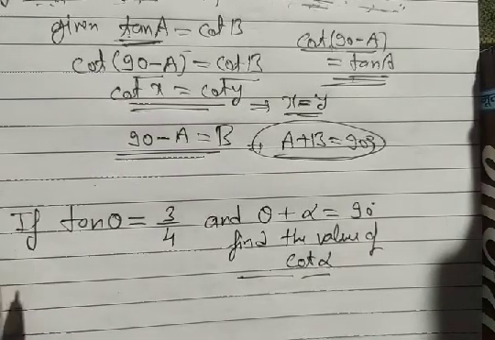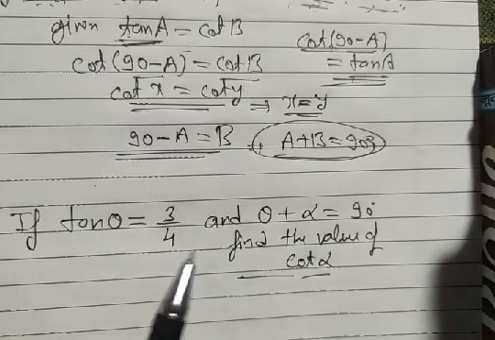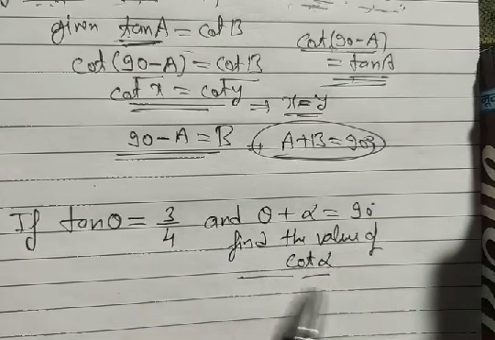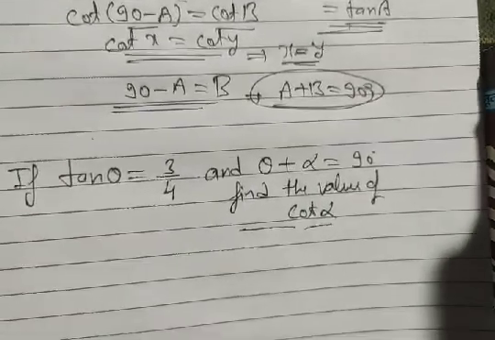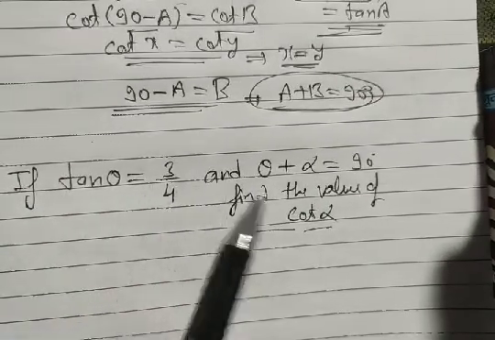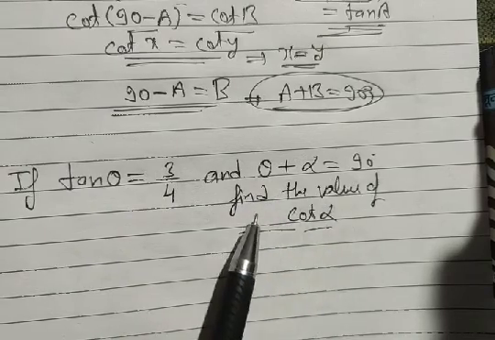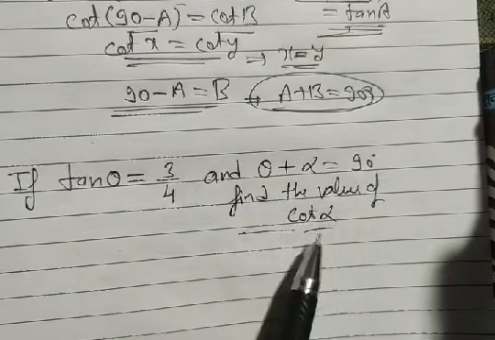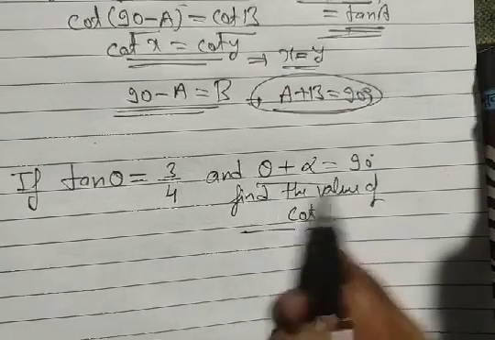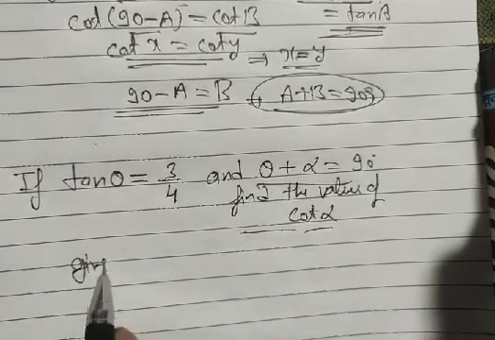If we have tan theta equal to 3 by 4 and theta plus alpha equal to 90 degrees, find the value of cot alpha. Now we start with the given.